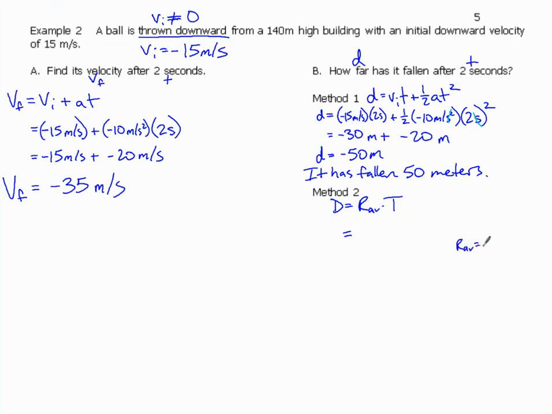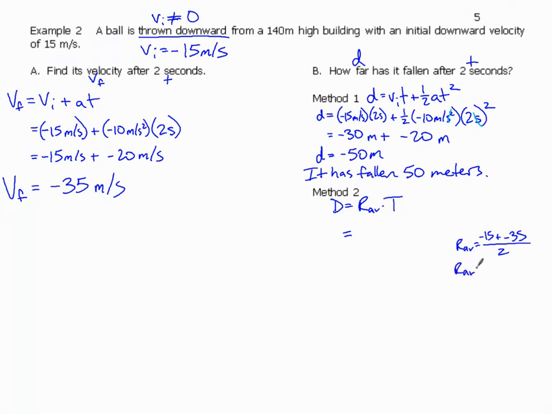Average rate equals our initial velocity plus our final velocity. This is after 2 seconds, so it was example 2a. This is its speed after 2 seconds. And we divide that by 2 because free fall is uniform acceleration.